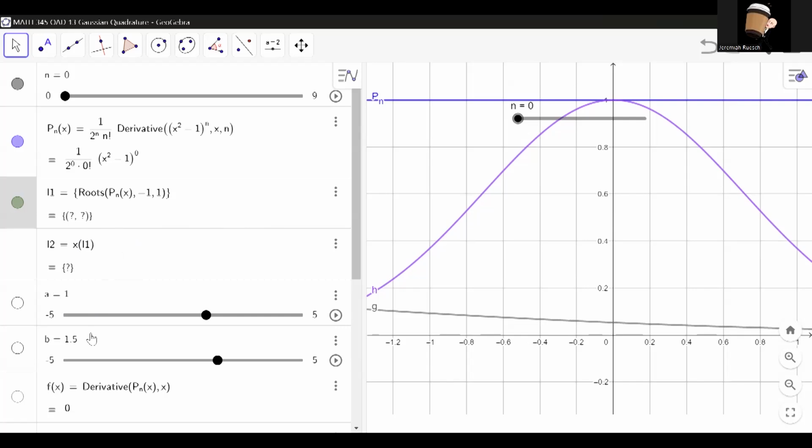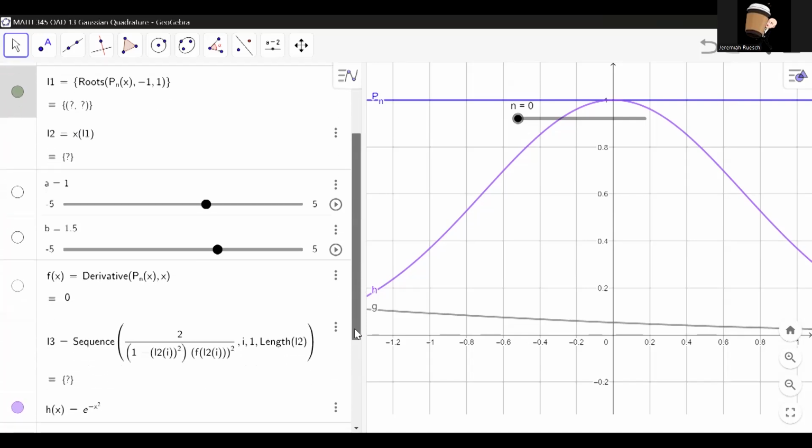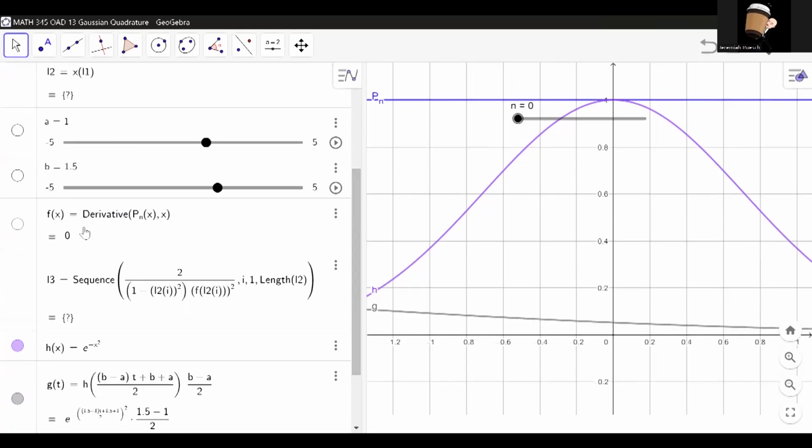Okay, here I have them as sliders, but this is my a and my b from the original integral for f of x from 1 to 1.5. And then I have a relationship that I'm using to compute the coefficients instead of doing the integrals and the products.